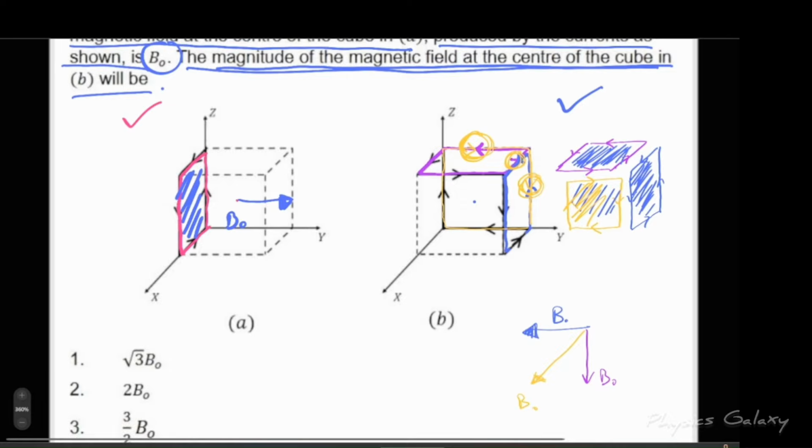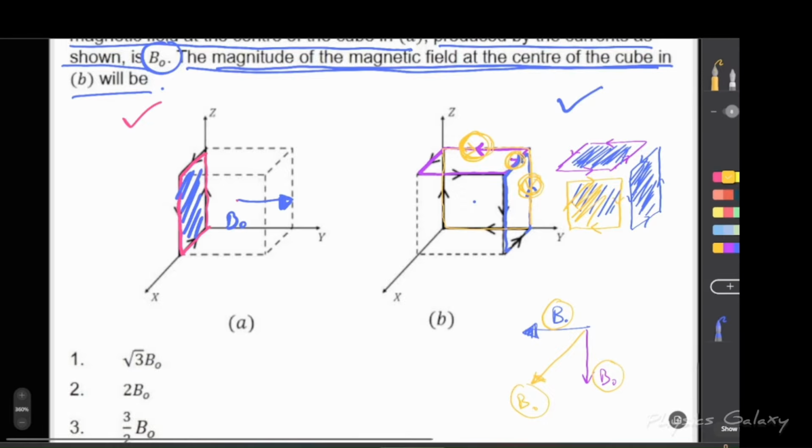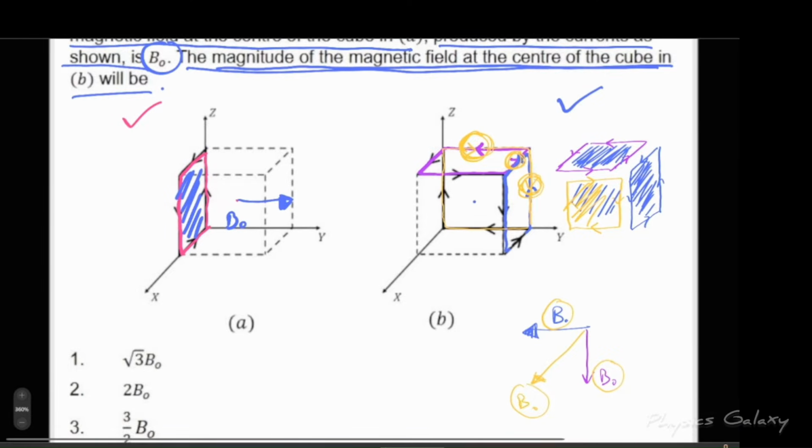All have the same magnitude B naught, right? Because they are now perpendicularly oriented, the net magnitude will be root 3 B naught, which is option number 1.